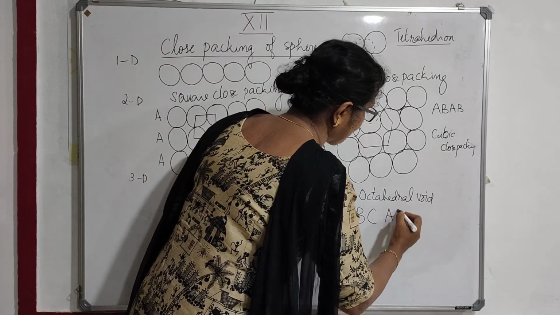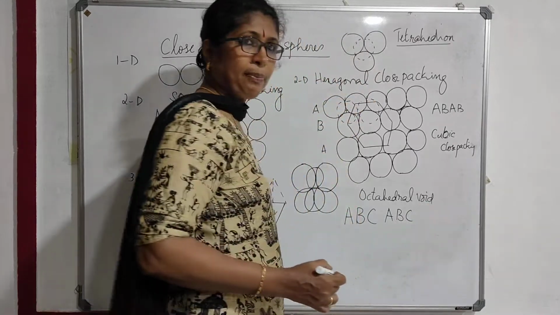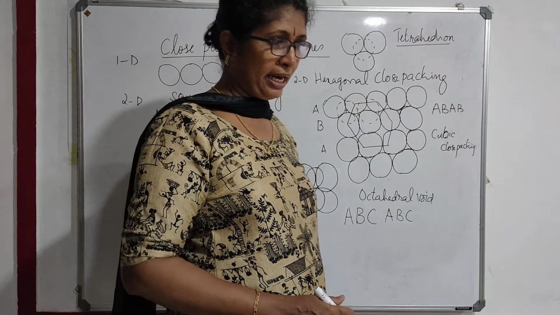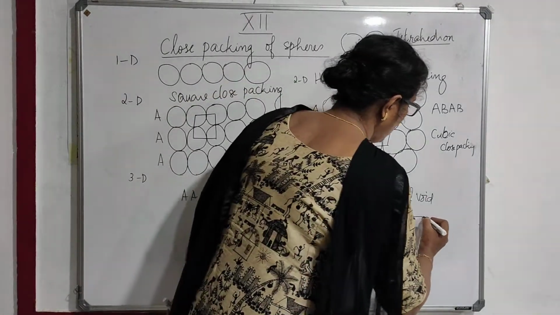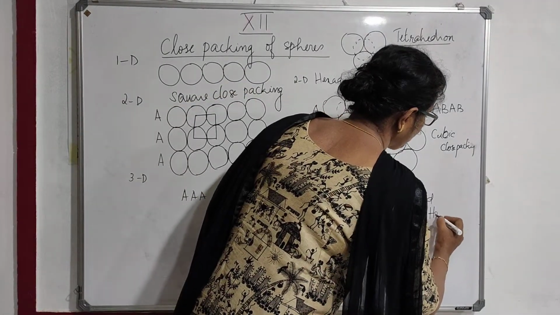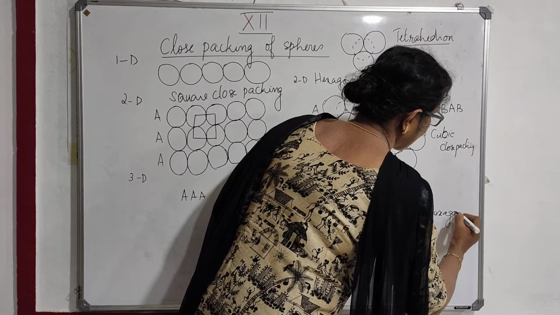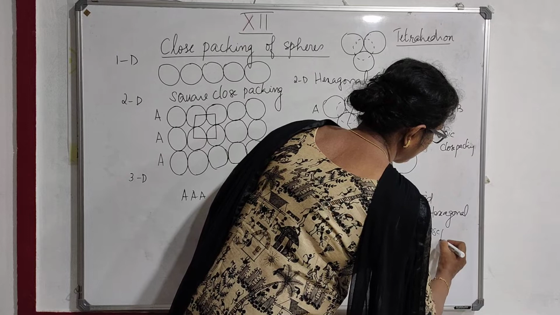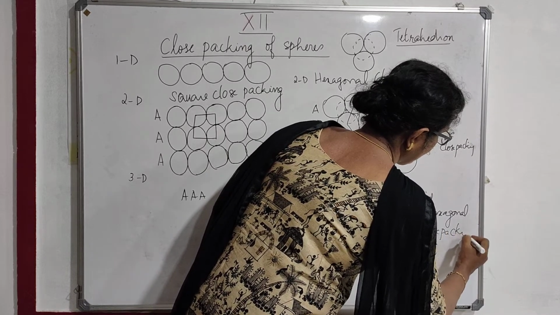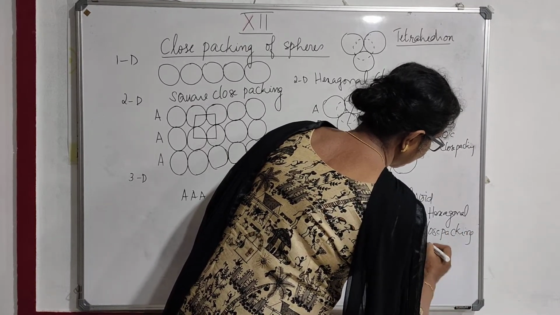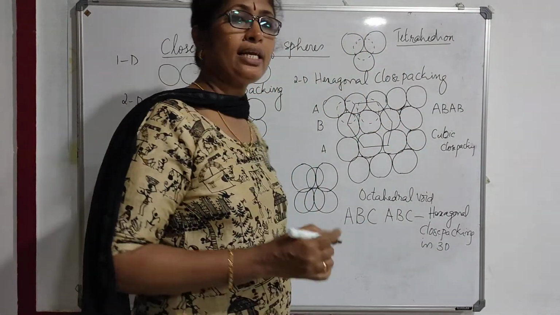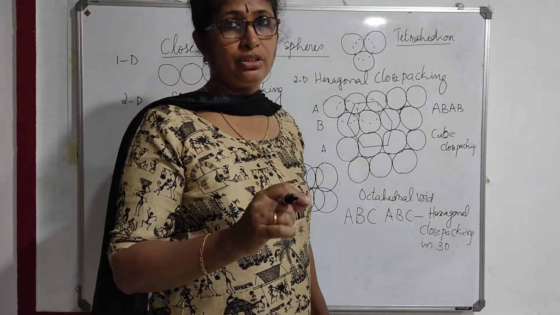Again A layer is repeating, then B layer is repeating, then C layer. This is called ABC type of close packing, and it is called hexagonal close packing, 3-dimensional. Hexagonal close packing in 3-dimensional. It is called hexagonal close packing in 3 dimension.